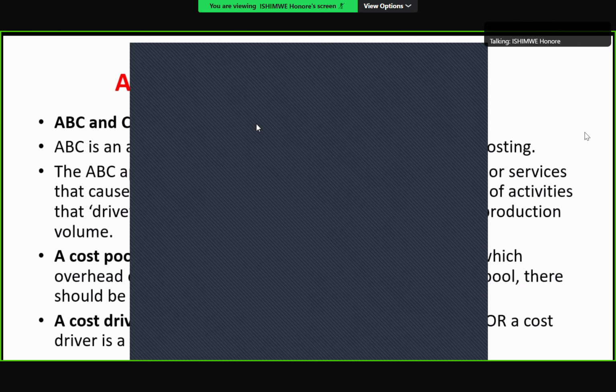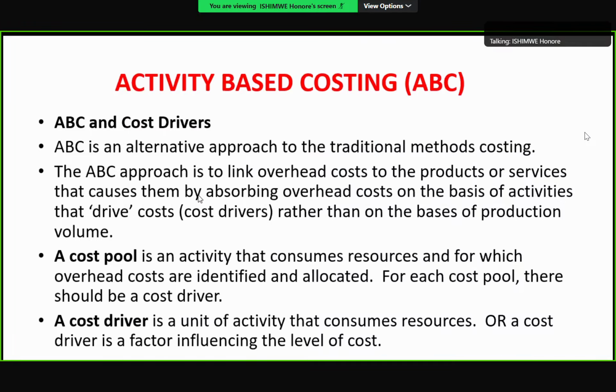We're going to focus on costing techniques and how we do pricing of a product. That's part 1. The second part will be decision making, and then the third part will be planning and controlling, and then the last part is performance measurement and evaluation.